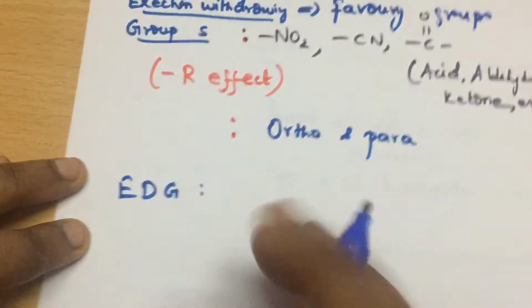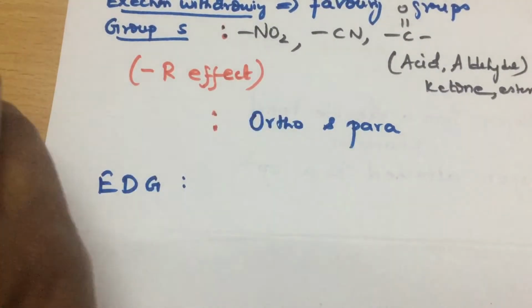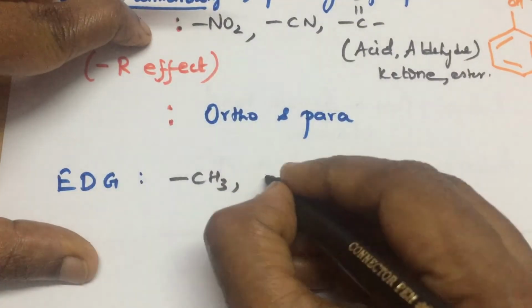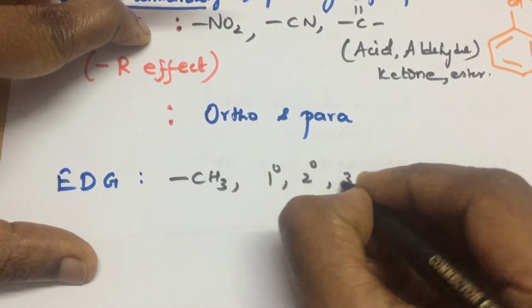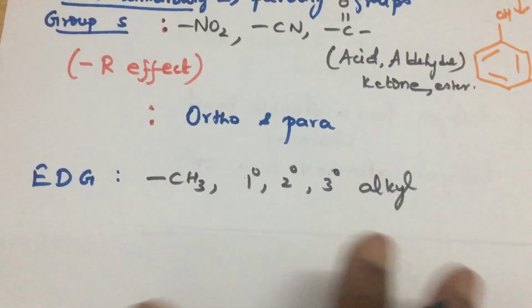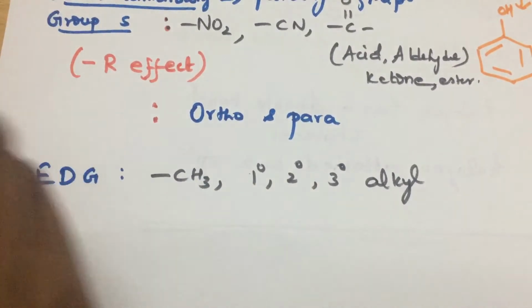So what are the electron donating groups? We know the methyl group, and primary, secondary, tertiary alkyl groups. Any primary, secondary, all alkyl groups will show what effect?